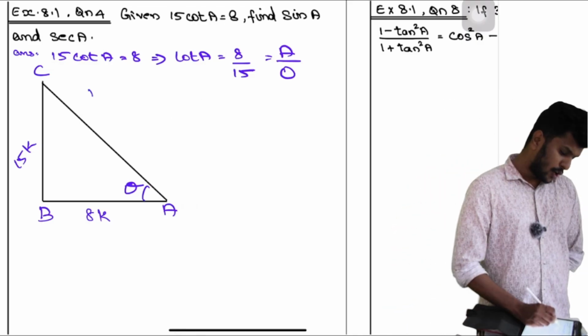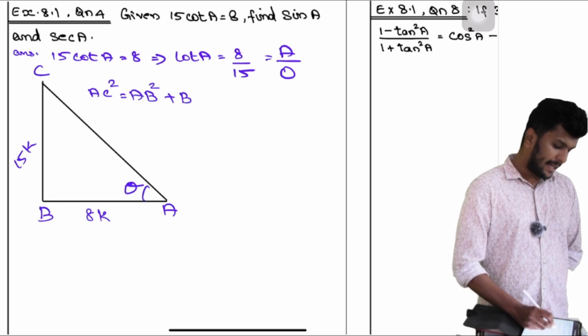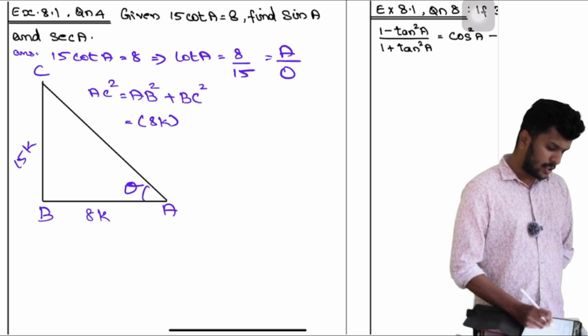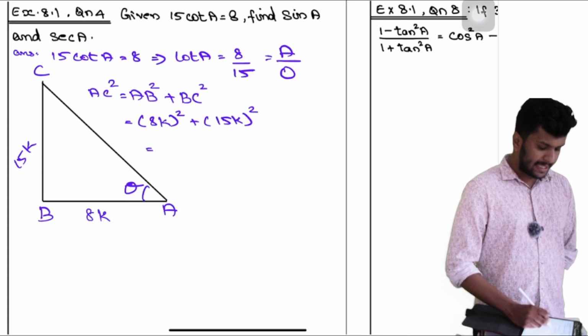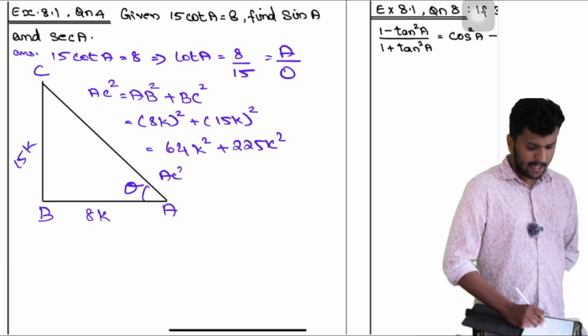So AC square equal to, applying Pythagoras, AB square plus BC square. So what is AB square? You have 8k the whole square. BC square means what? 15k the whole square. So that is 64k square plus 225k square. So AC square equal to 289k square.